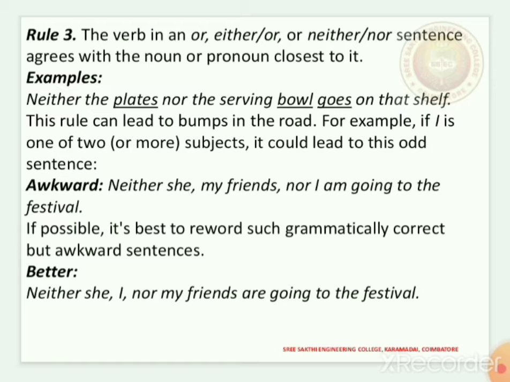If possible, it's best to revise such a grammatically correct but awkward sentence. Better. Okay, how can we better the sentence? Neither she, I, nor my friends are going to the festival.